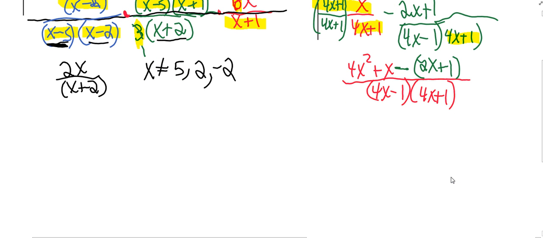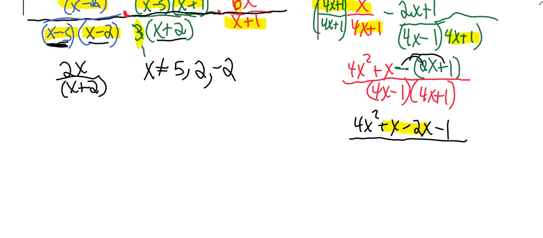So if we do that, it looks like we have, I'll write it all together in black since we've sort of merged the two. We have a 4x squared, we have a plus x, and then distributing the negative sign we get a negative 2x. Distributing the negative sign of the plus 1 gives me a minus 1. So now let's just combine our like terms on the numerator, and we notice that we have a positive x and a negative 2x, so the result of that would be a negative x.